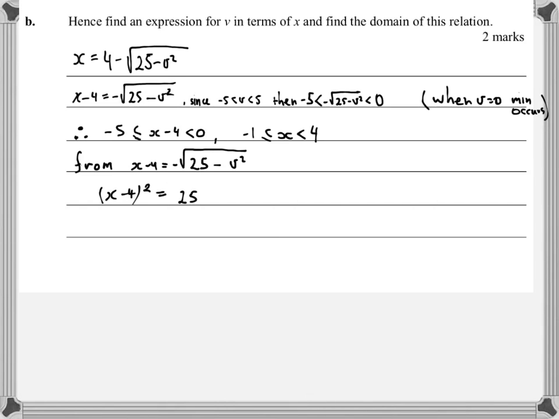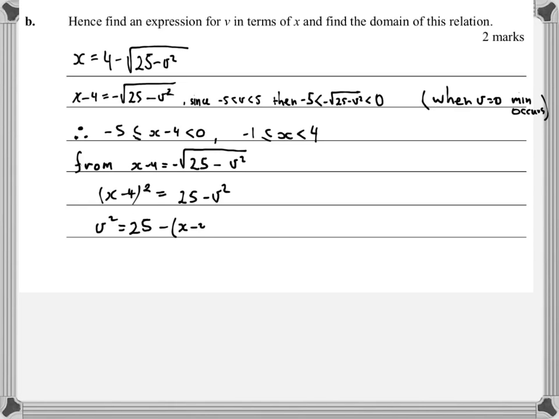Now, coming back to transposing the formula, because we haven't done that yet. We just got the domain. So to transpose the formula from this line, I'm going to square both sides. Okay, and that removes the negative square root, and I get an x minus 4 squared.